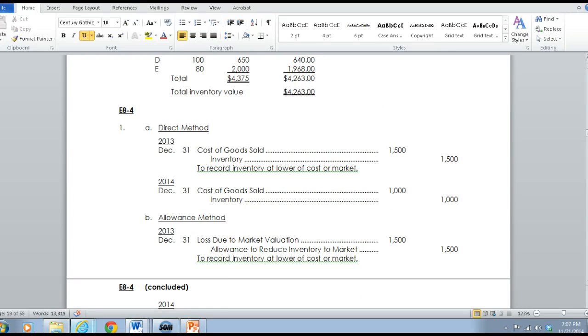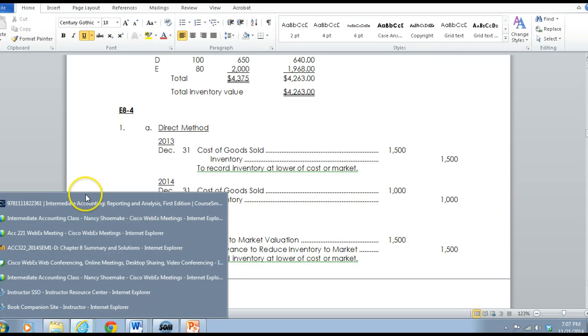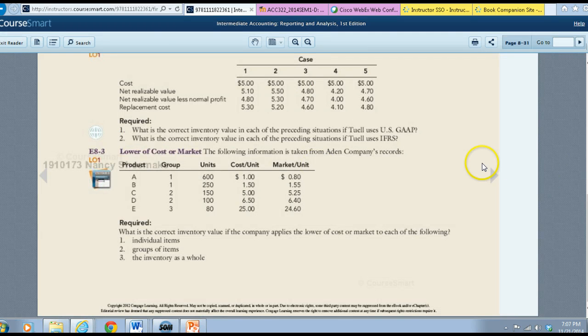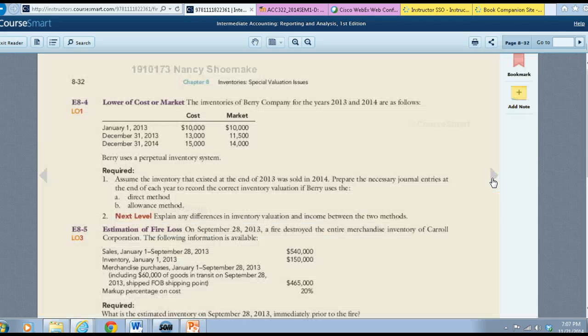Now let's look at E4. E4 basically looks at these inventories for Berry Company. Berry uses a perpetual inventory system.